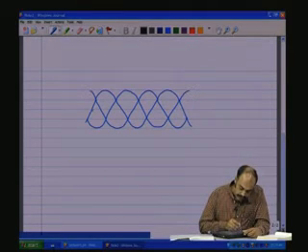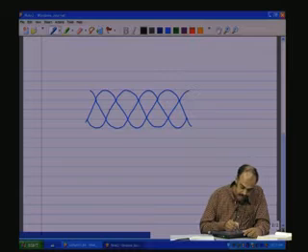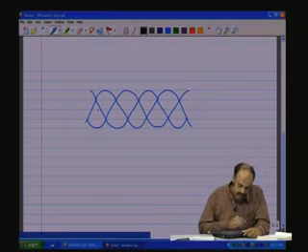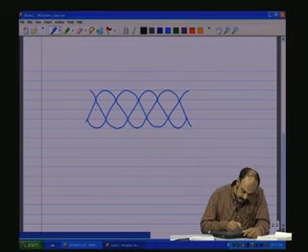So let us say IA, this is 0 of the IA, and this is 180 degrees of IA, this is the 120 degrees point, this is the 60 degree point, and somewhere here is the 30 degree point. And this would be also 30.